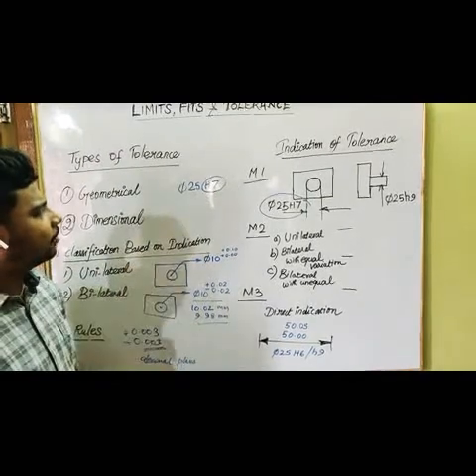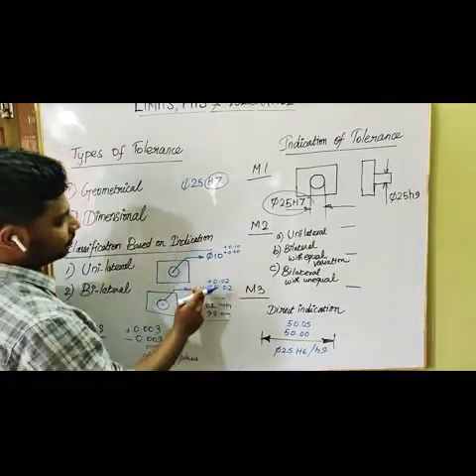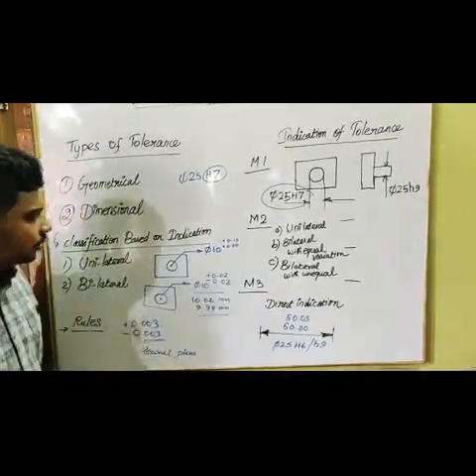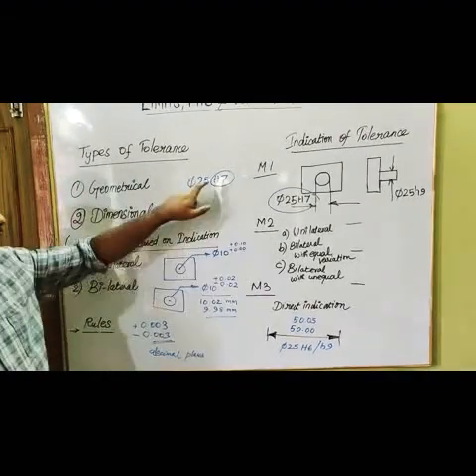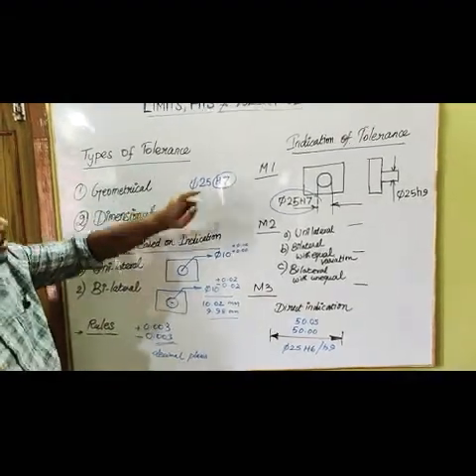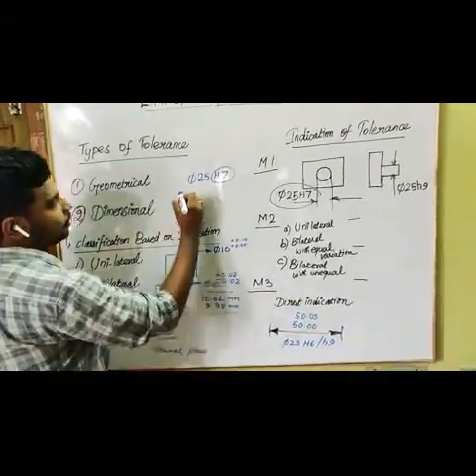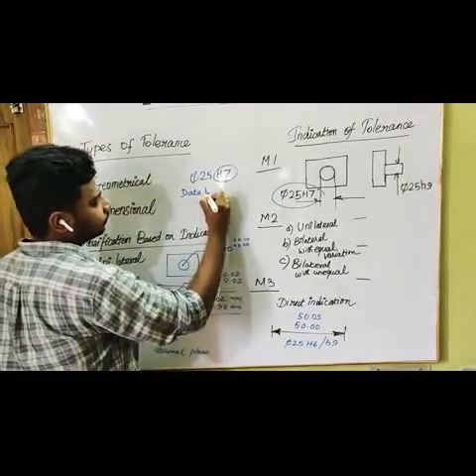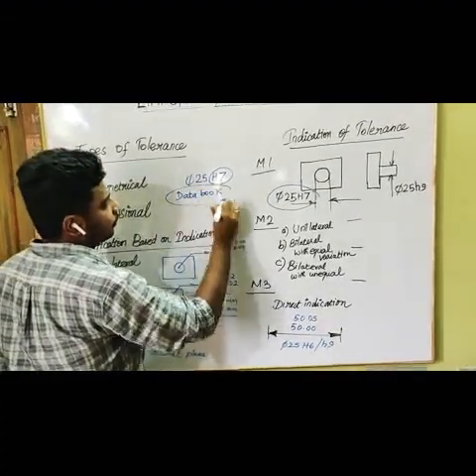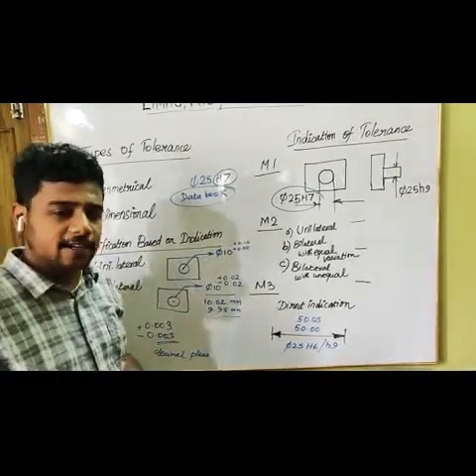So how to find the value for H7? In the H7, I can answer which is the upper limit and which is the lower limit. How do I know H7? By using your design data book.